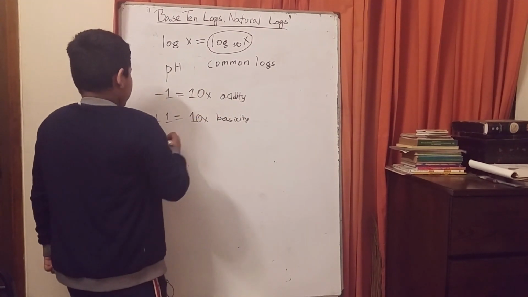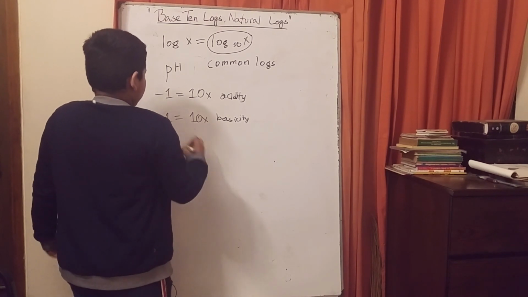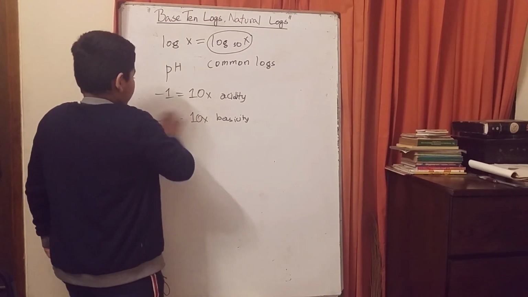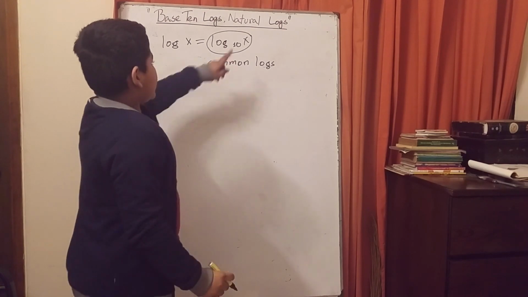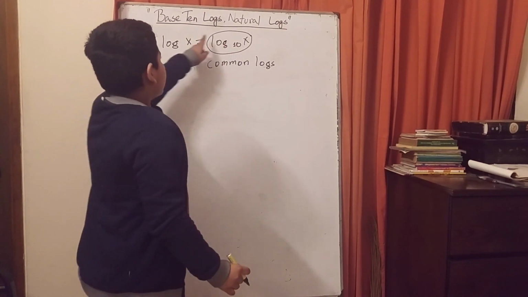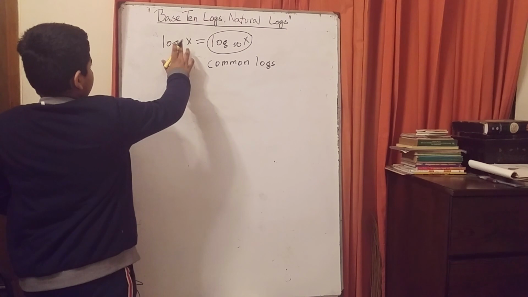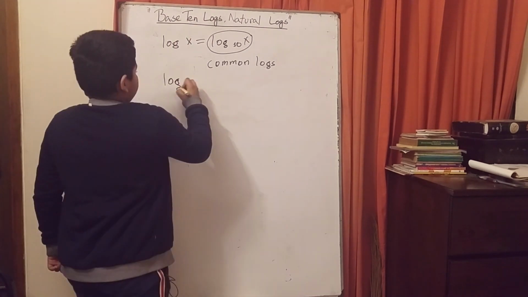Oh, and for some information, 7 will be neutral, but that doesn't matter. What matters is that this is the common log. That's why mostly it'll be written without the 10.